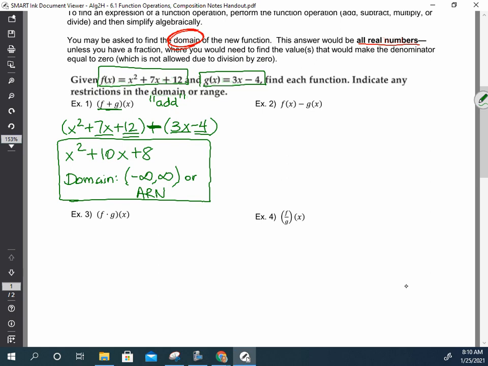Let's do subtraction. F of x minus g of x, so that means you're subtracting the two functions. X squared plus 7x plus 12 minus 3x minus 4. You have to do the problem in the order it is given to you.